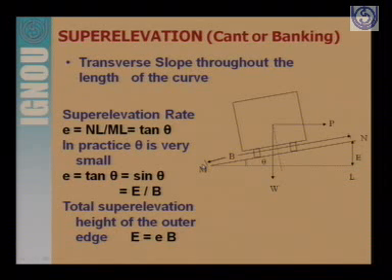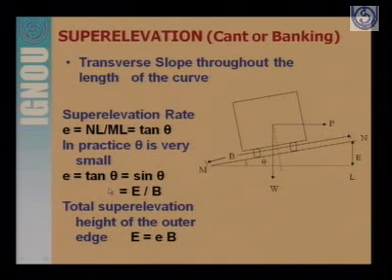When we provide this theta on the roads, in practice it is very small. And as you know, for small angles, tan theta is equal to theta, and also sin theta.